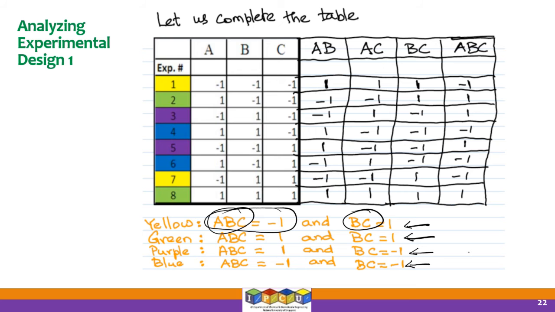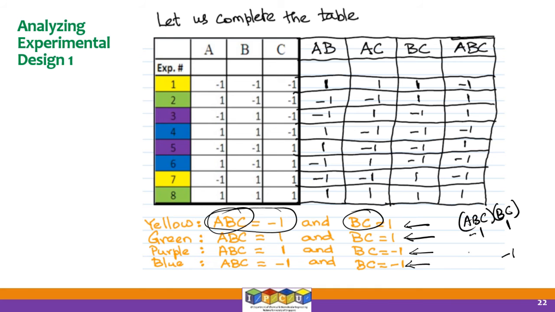So if you take ABC and BC and multiply these two, for example, for the yellow block, ABC is -1 and BC is +1. If you multiply the two, -1 times 1 is going to give you -1.